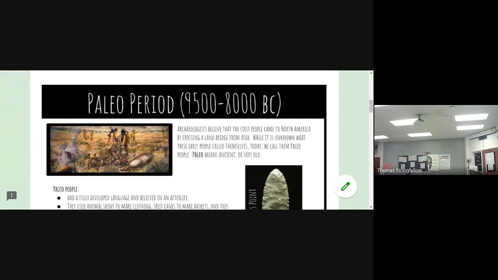That's why we have to study it geologically, the surface of the earth, or maybe the tools that were left behind, or the skeleton bones of the people that were left behind, that were potentially alive at that point. We have to look at those things because the Paleo period people, did they write things down? Did they have a written language? Don, what do you think? Do you think people 10,000 to 12,000 years ago had any kind of written language?